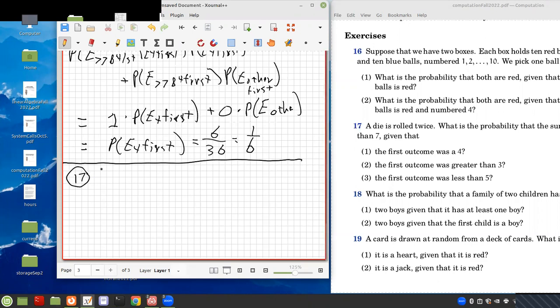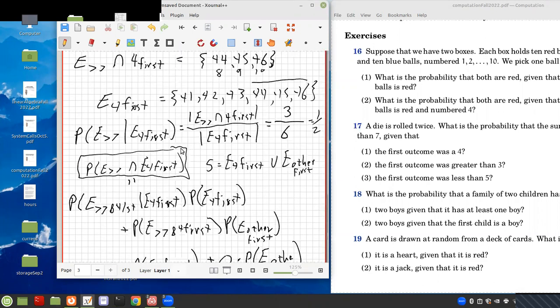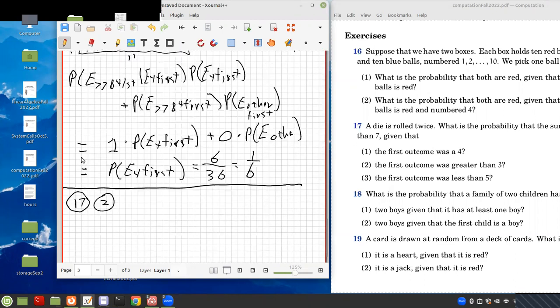Okay, so if we continue with problem 17, number 2, the calculation of the conditional probability is fine. It's just that there's something between here that's a question mark that I don't want to work through and waste your time on.